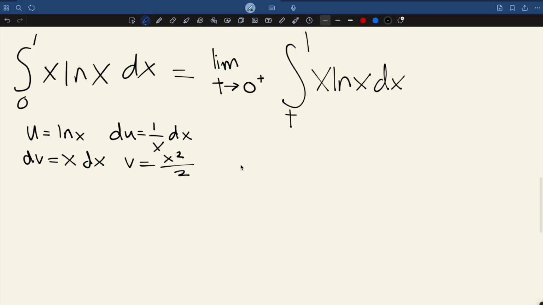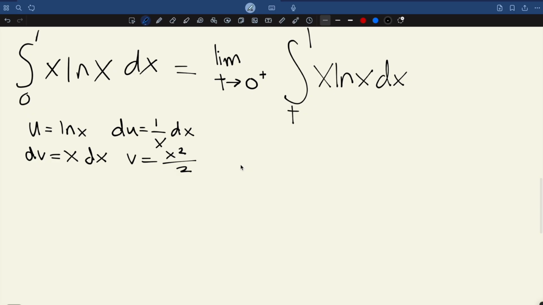Okay, so now that we've identified the u, the du, the dv, and the v, we can set up the equation. All right, so it's going to be uv minus the integral of v du. So uv would be x squared ln x all over 2, minus the integral from t to 1 of v du.